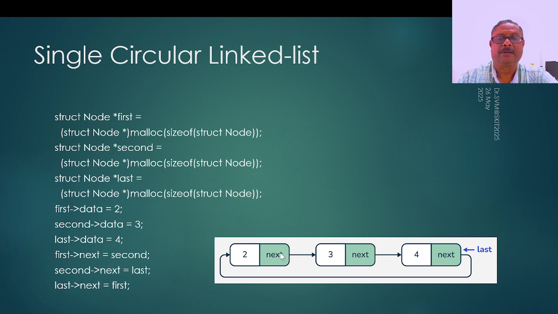In the earlier case this was called head and this was called the tail, and next of the tail was supposed to be null, whereas now next of the tail is no more null, it points back. Hence from now onwards there is no need to call any particular node a head or tail. Any node can be a head and the previous node to that will become a tail.